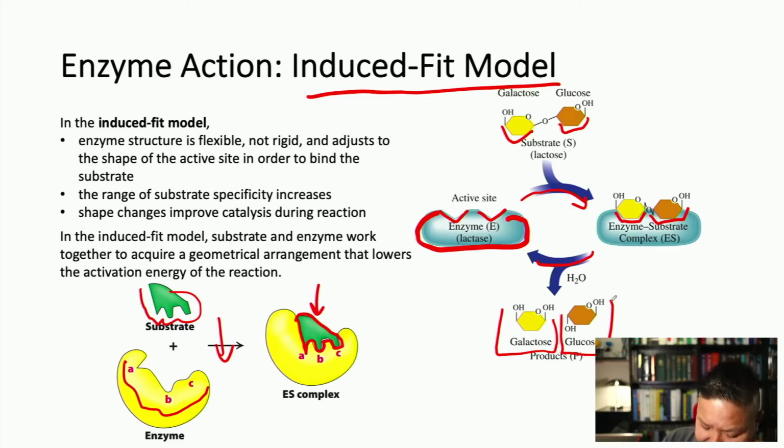Because they're flexible, it will induce a fit of the disaccharide and then proceed with the reaction. And again, this is the more accepted model when it comes to enzyme action.